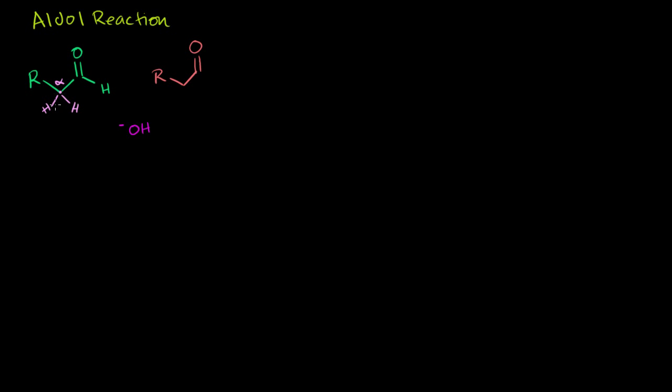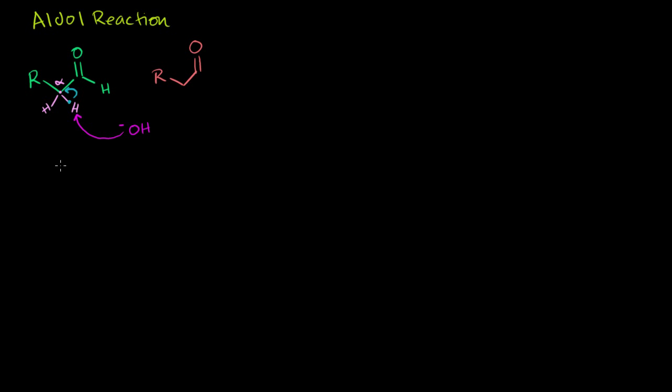So you could imagine a situation where an electron from the hydroxide is given to one of these hydrogen protons, and then the electron that was associated with that hydrogen is now given back to this alpha carbon. And if that were to happen, the next step in our reaction would look like this.